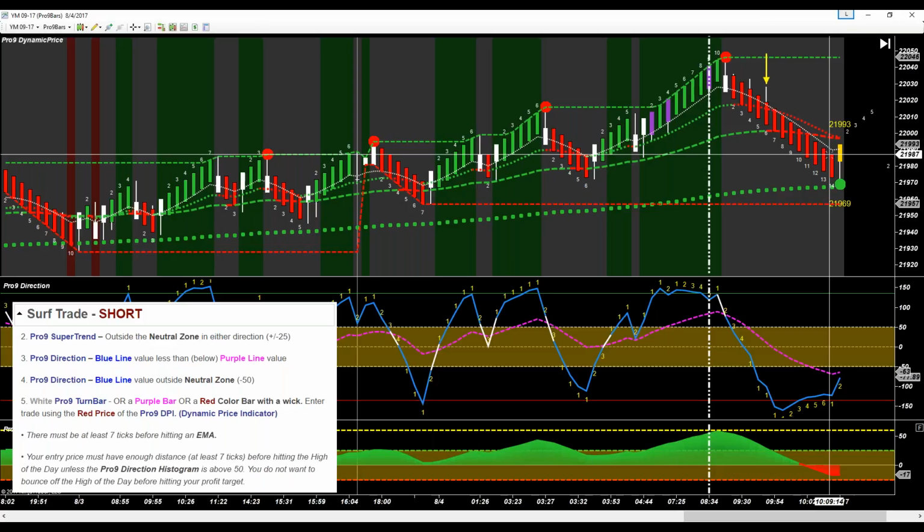Anyone can make the correct trading decisions in hindsight. So as soon as something happens, if there was a trade we were questionable about, and then it goes on to win, oh, I knew I should have taken that trade. Or we get into a trade and it goes against us, I knew I shouldn't have taken that trade.